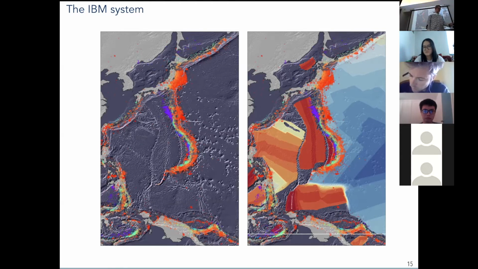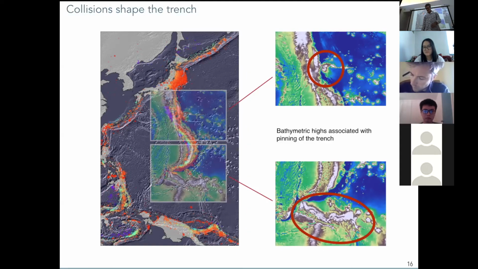Okay, we can zoom in to see that. It was important to pick your color scale to highlight what you're talking about. But at both ends of this system, we have significantly anomalous bathymetry, which means significantly anomalous buoyancy. And so that's pinning at both ends of the arcuate part of the system.